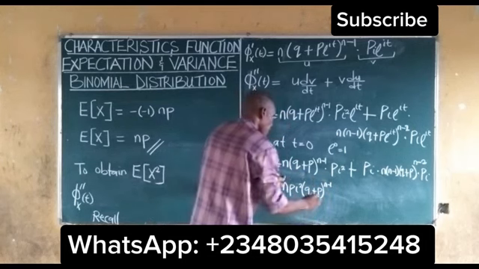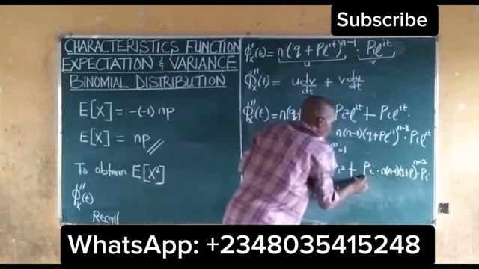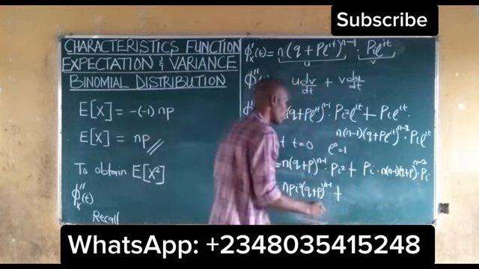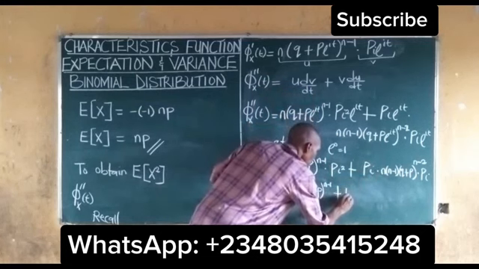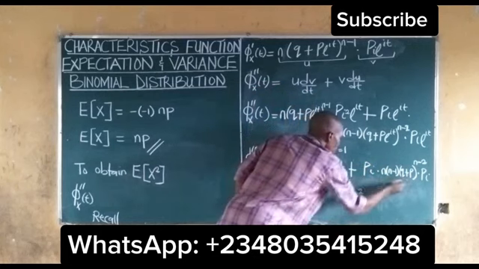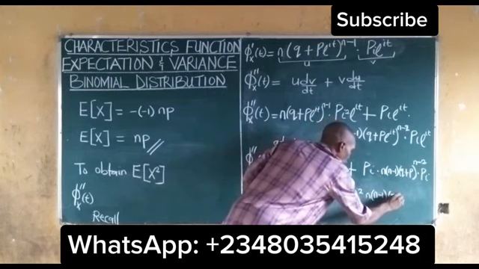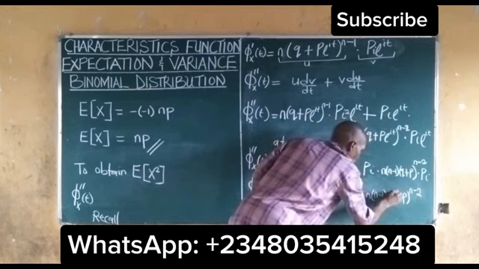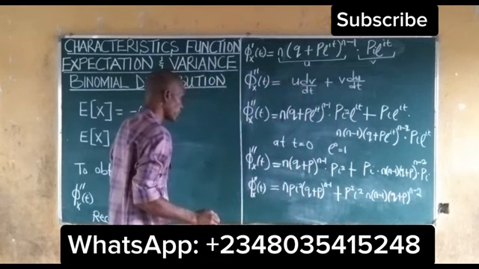The whole of this has come here plus this. p multiplied by p is p squared, i multiplied by i is i squared. So we have p squared i squared multiplied by this n into n minus 1 (q + p) raised to the power of n minus 2. So this is what we get.